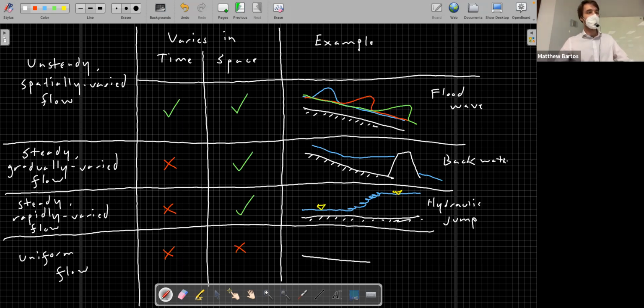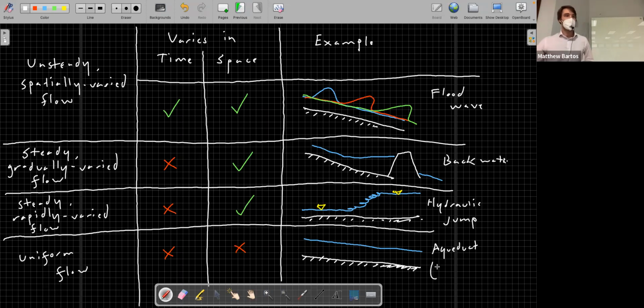So basically the only thing that you can have, here's our channel bottom, is water flowing parallel to the bottom slope. In a real life example, this might be flow in a conveyance aqueduct. And this would normally be described by Manning's equation.